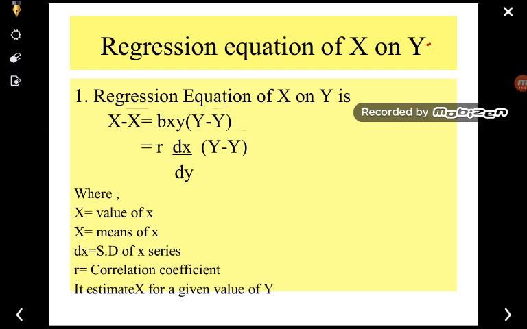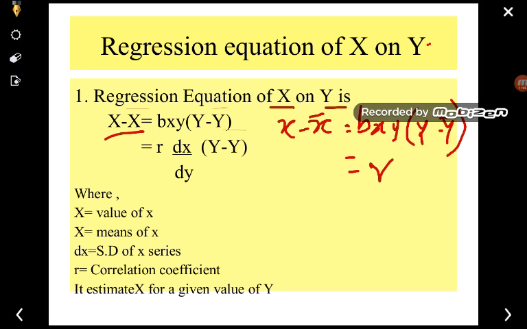The regression equation of x on y can be represented by this formula: x minus x bar is equal to bxy into y minus y bar, or it can be represented as r, the correlation coefficient, into sigma x by sigma y into y minus y bar.